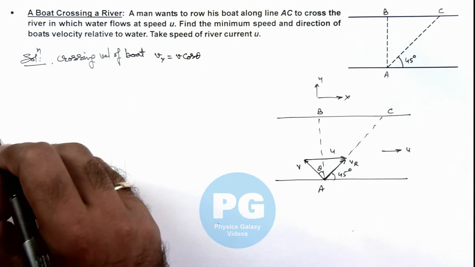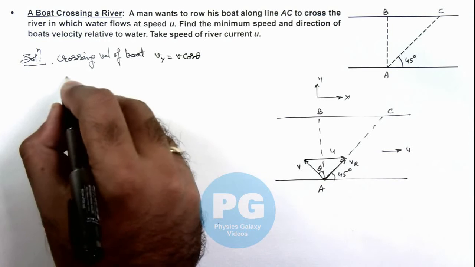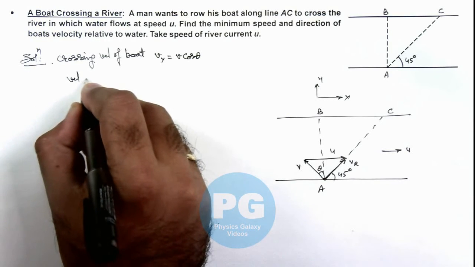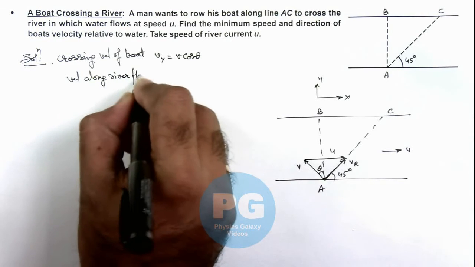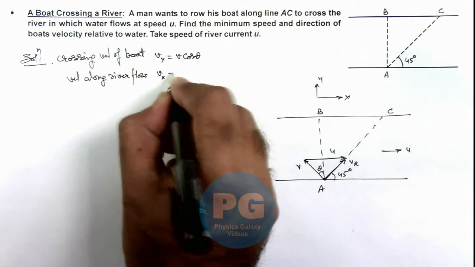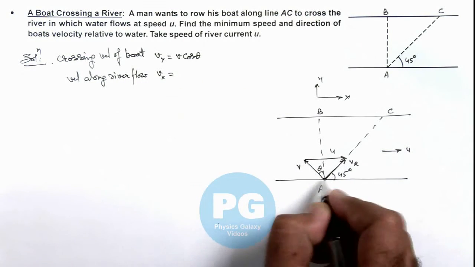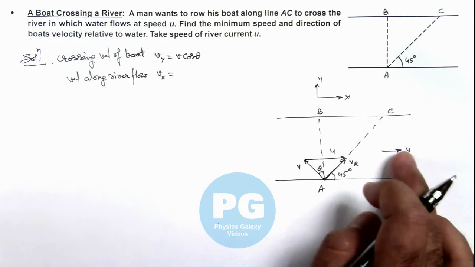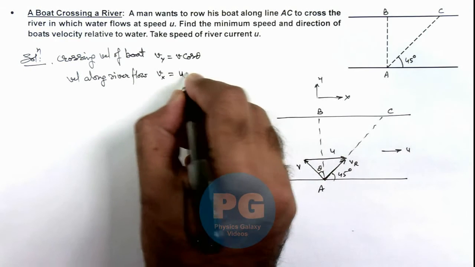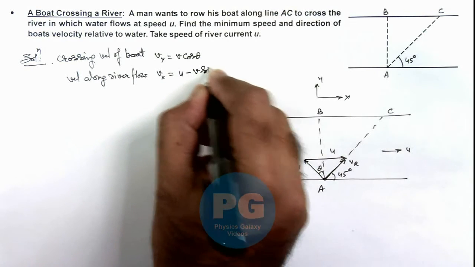And if we calculate the velocity of the boat along the river flow, that is the velocity of the boat in the x direction, then opposite to river flow it is v sin theta, and along the river flow it is u.